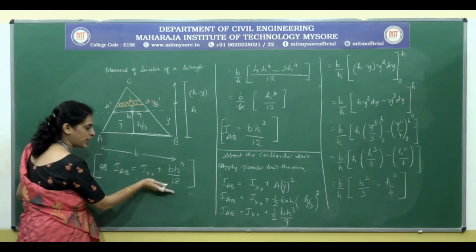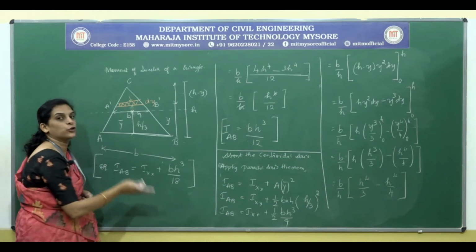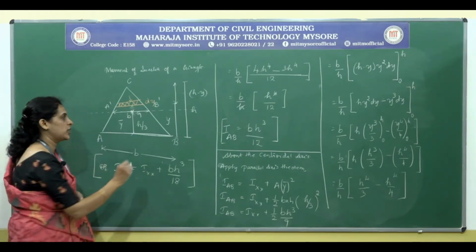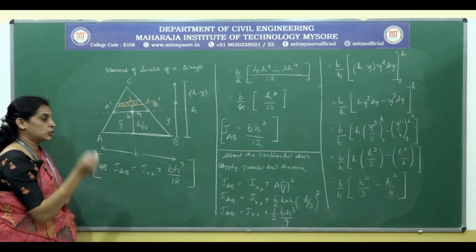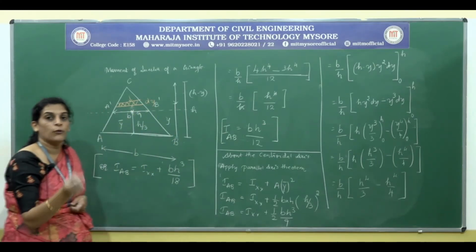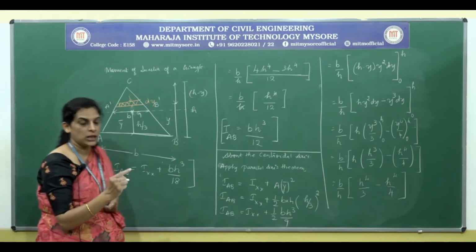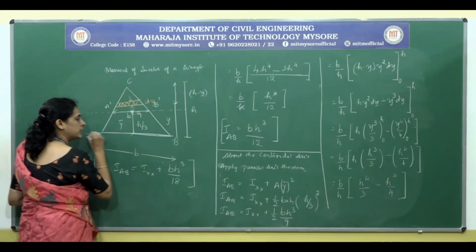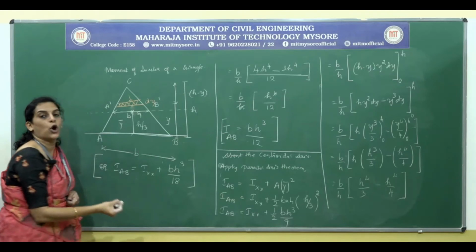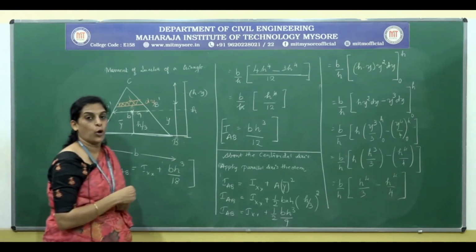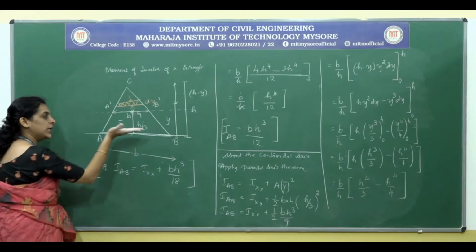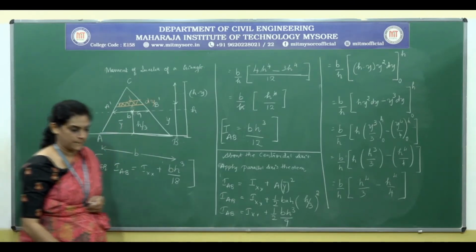So, this is the expression if we have to find out the moment of inertia about the centroidal axis. The expression will take the form of BH cube by 12 if we consider the bottom edge of the lamina.